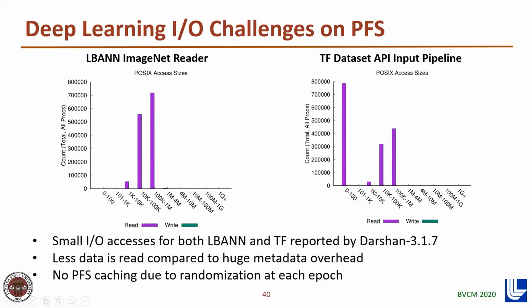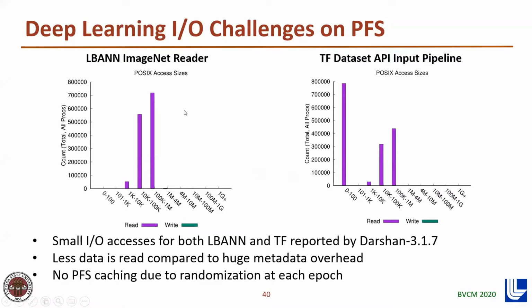Firstly, we were curious about what the exact IO pattern is and what the main challenges are that deep learning applications pose regarding the IO workload in the training phase. In these two pictures, the x-axis shows the POSIX access sizes and the y-axis shows the total count for each size.